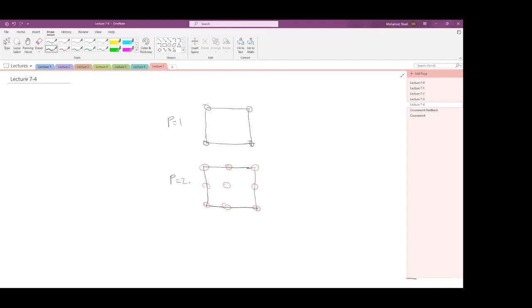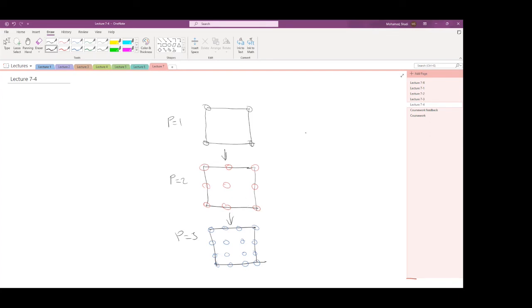This is polynomial order 2. And you can even have polynomial order 3. So this is 1, 2, 3, 4, and so on. This is polynomial order 3, and you can keep refining this as far as you want.